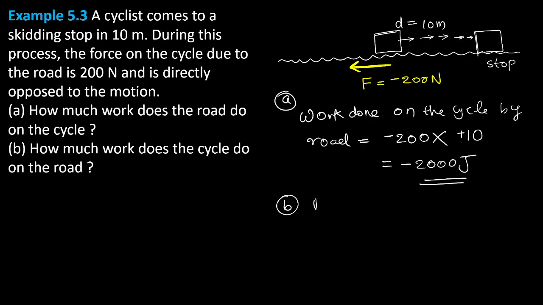The road has zero displacement. Let me write all the proper steps. The cycle may be applying some force, but the road is not moving. Work will be there only if there is some displacement.